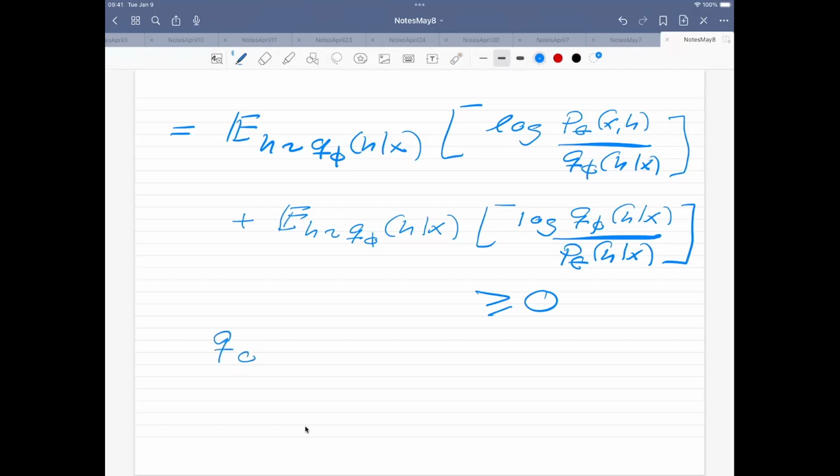The typical way this is trained is by setting this up to be a Gaussian distribution for H, where we have some mu of phi defined as a function of X, and then we have a variance, which is also a function of X. These are quantities which we need to set as parameters.